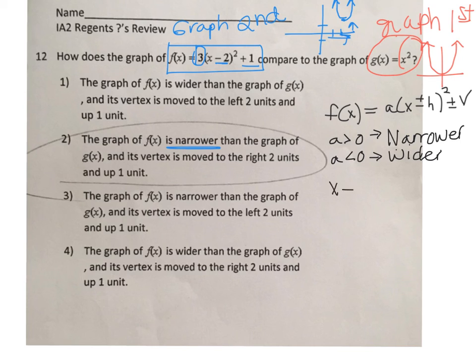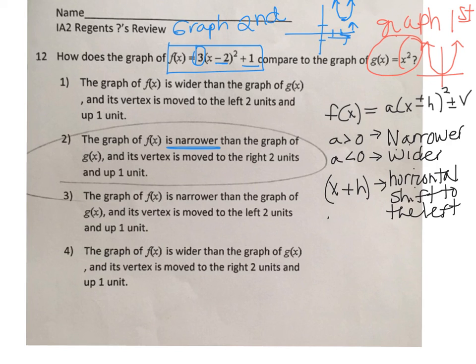When you have x plus a number inside the set of parentheses, you have a horizontal shift to the left. And when you have x minus a number inside the set of parentheses, horizontal shift to the right.